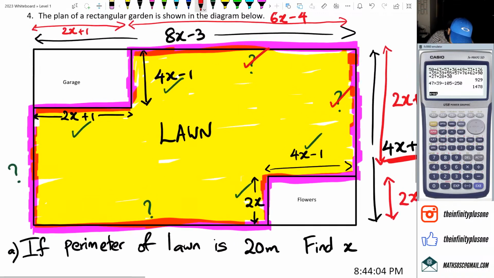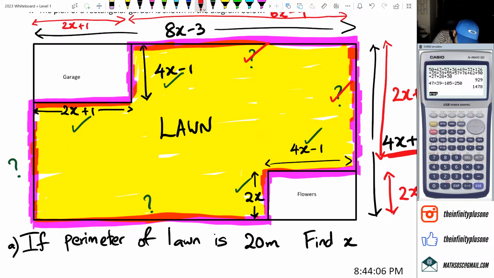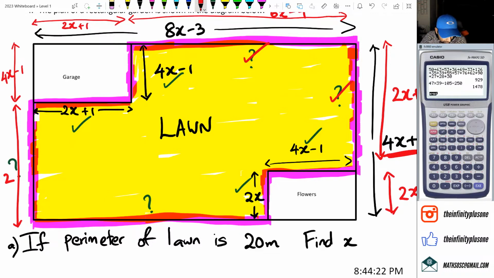Then on this side, from here to here, we've got 4x minus 1. Gonna write that better. And because 4x plus 1 is the full length, this length is going to be 2. And then finally at the bottom, we've got 4x minus 1.